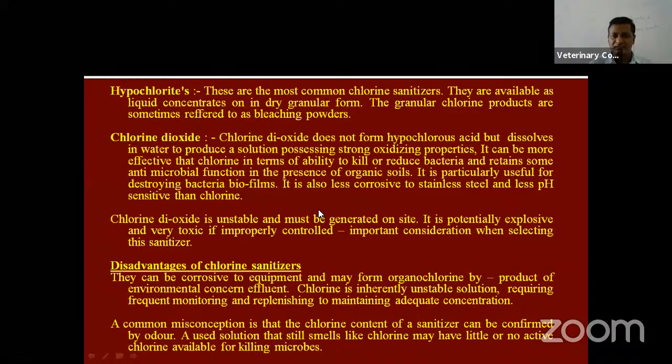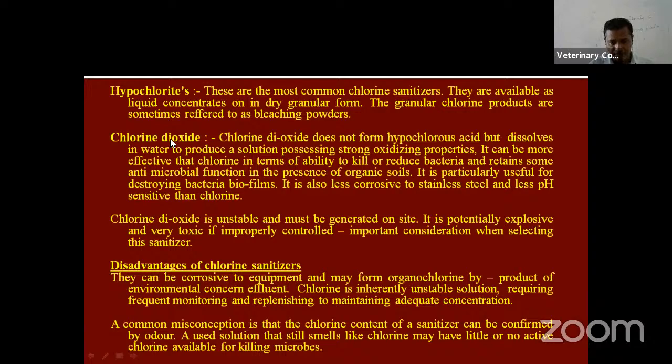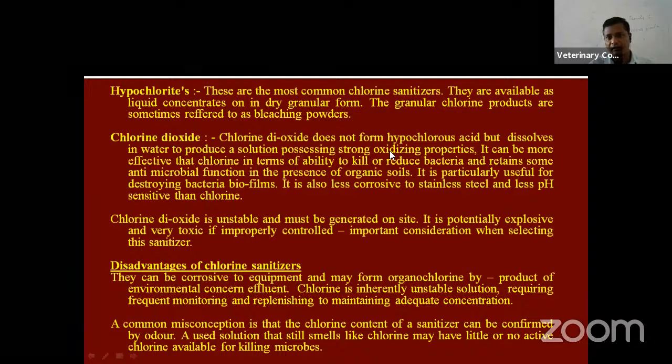The chlorine gas is kept in a cylinder, and it gets dissolved in the water, leading to liberation of chlorine. That chlorine is germicidal in nature.